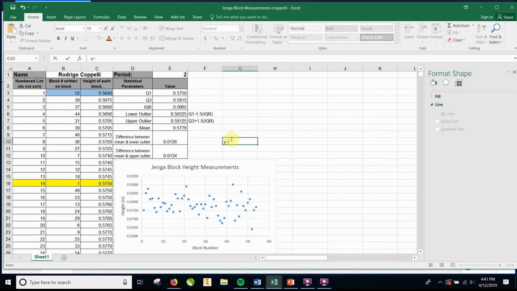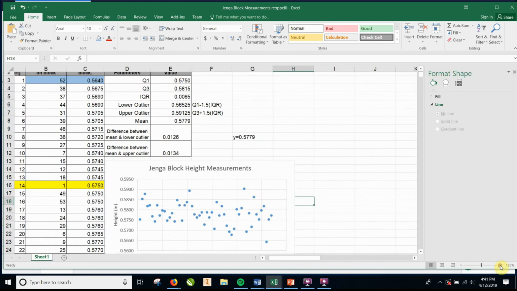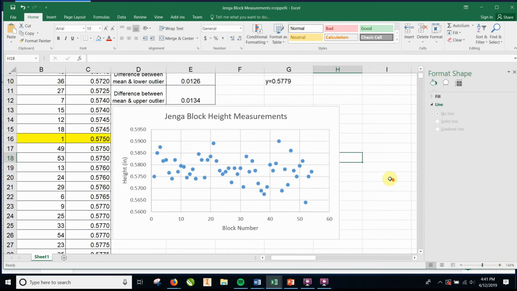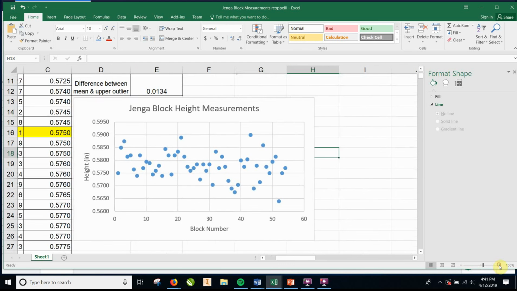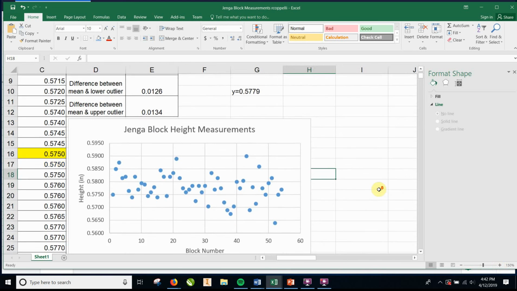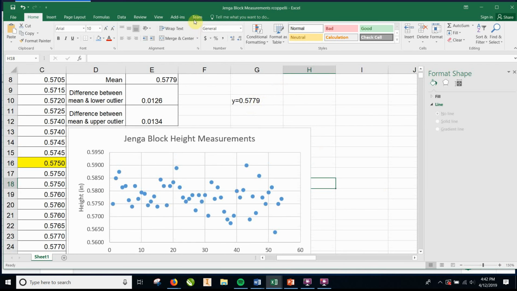Okay, so I want to graph the line y equals 0.5779. All right. Now there's probably a way to do this in Excel, but I'm just going to use some drawing tools to do that. And I'm going to roughly graph this line right here.